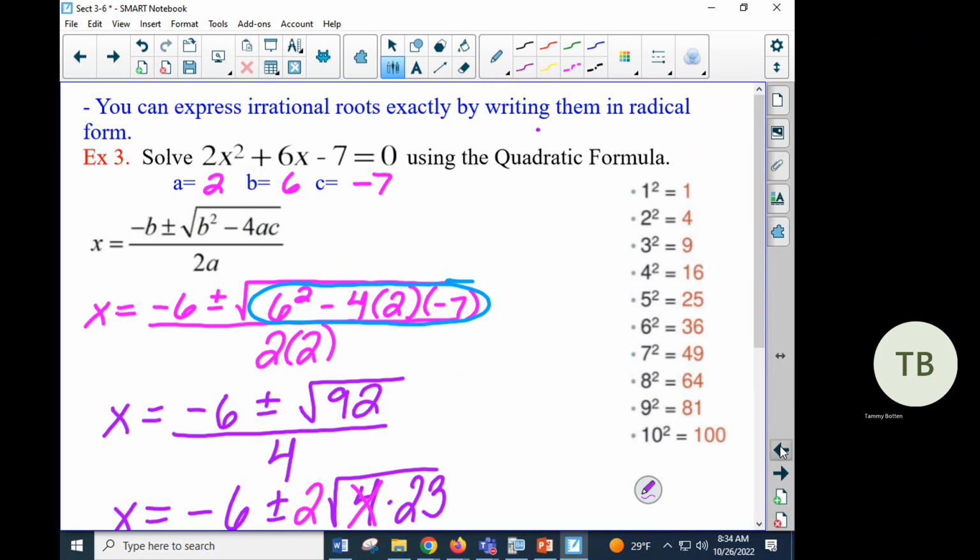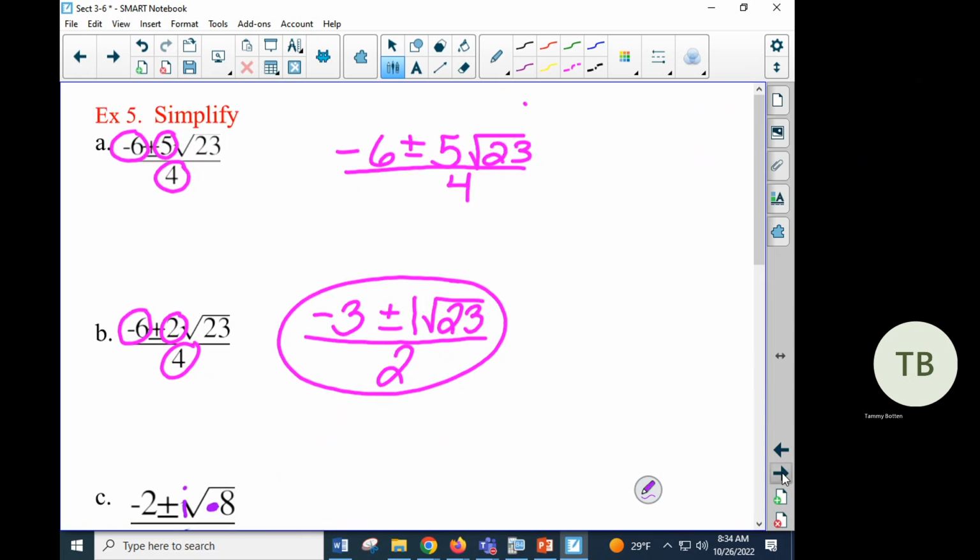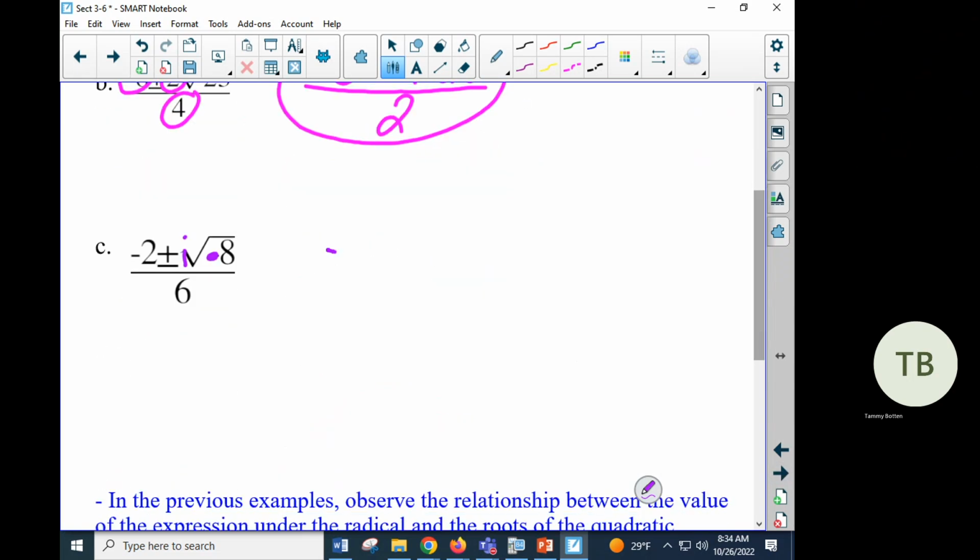4, yes. These are our perfect squares. 4 divides evenly into 8. So what we would have to do there is go -2 plus or minus i. 8 can be written as 4 times 2 all over 6.